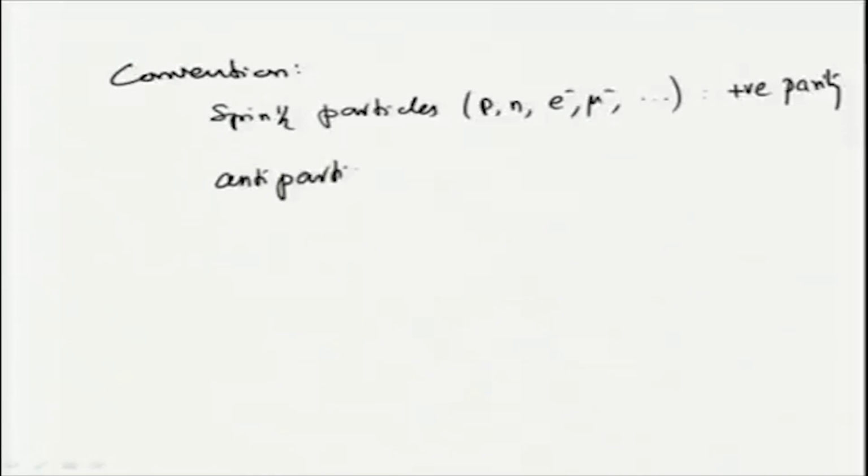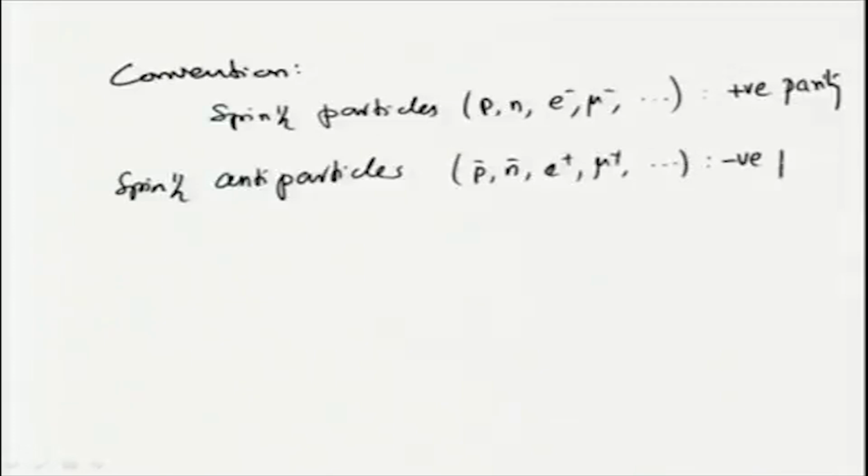Antiparticles of spin half, like antiproton, antineutron, positron, mu plus, etc., have negative parity, or I can write as even parity and odd parity.